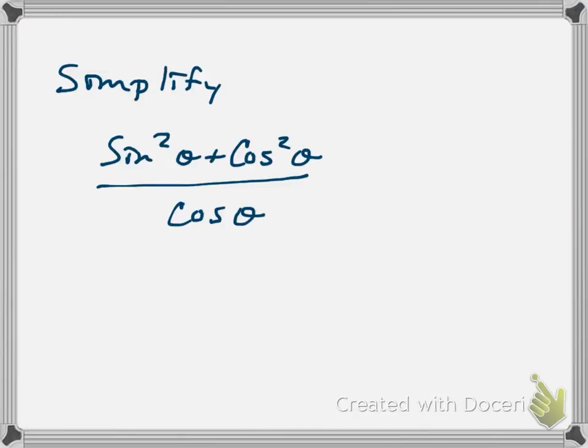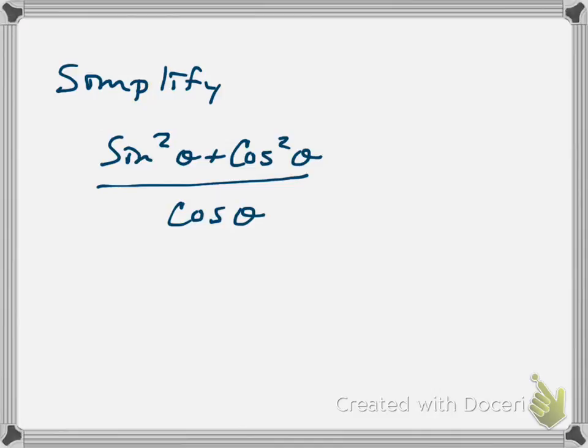We're going to simplify sine squared plus cosine squared over cosine. And you got to try to think of something to do. Something that sparks a change in the problem. Like you see something and you know that you can change it to something else. Okay?